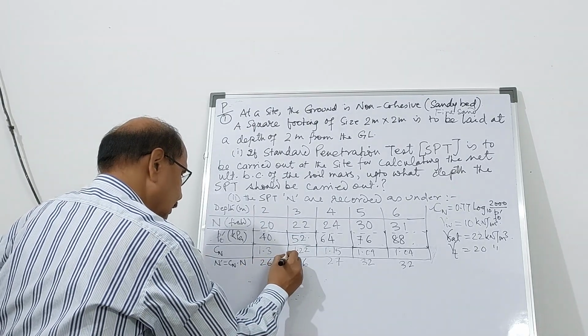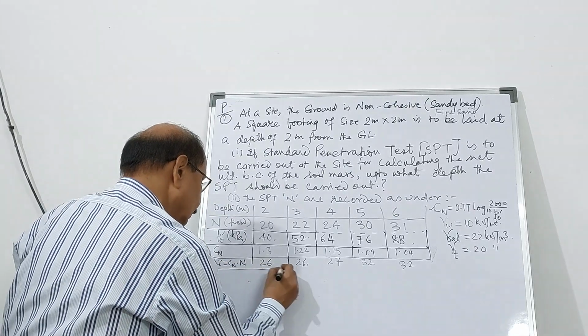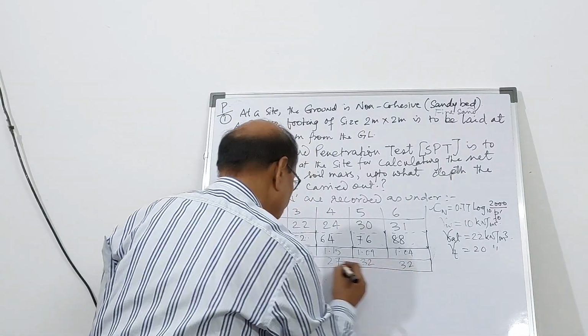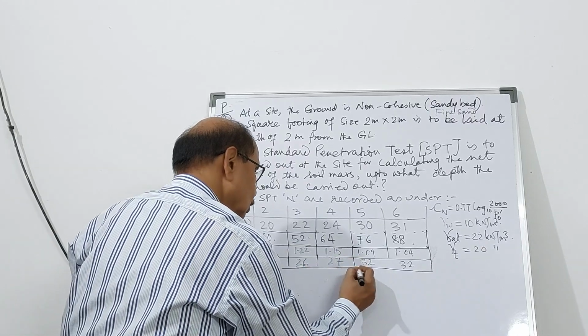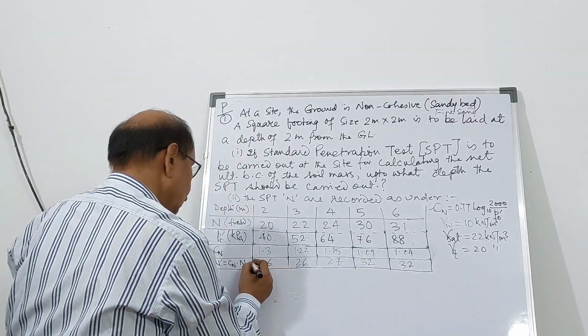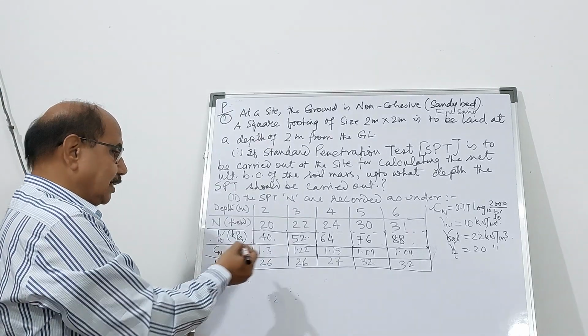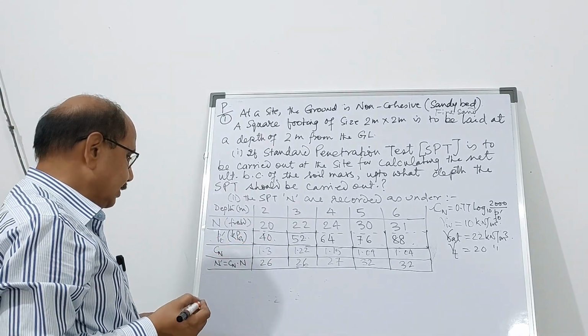So this is the first correction to N value. You can just see how it has been corrected.